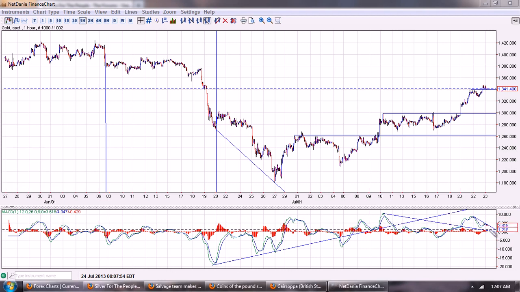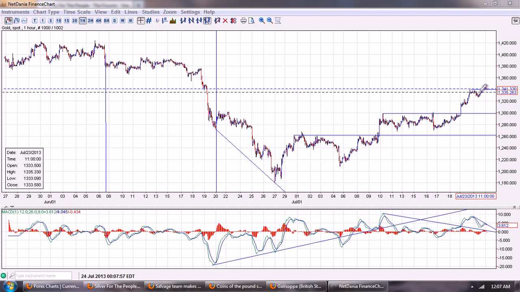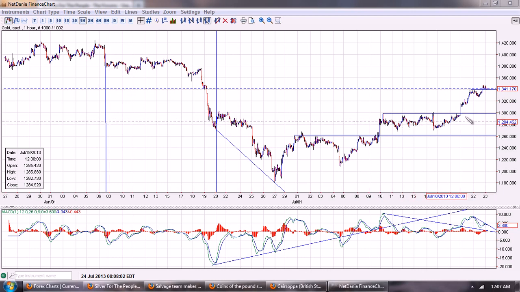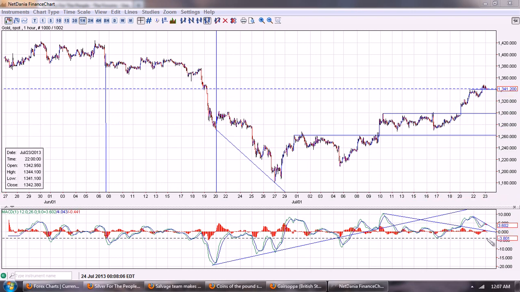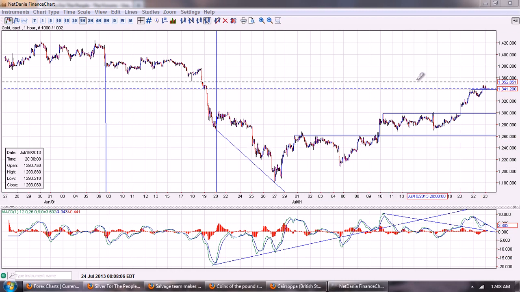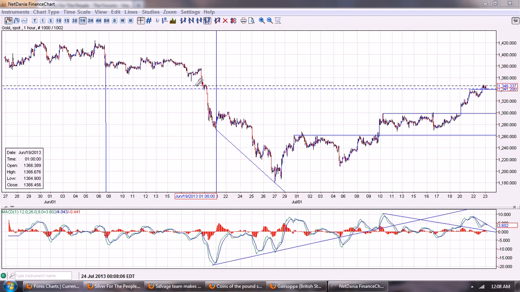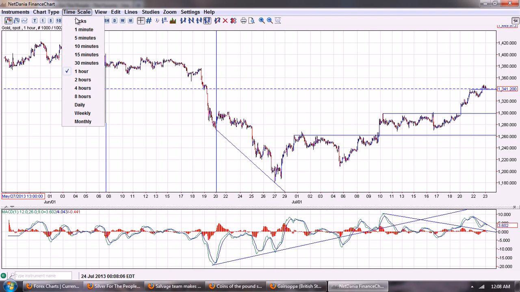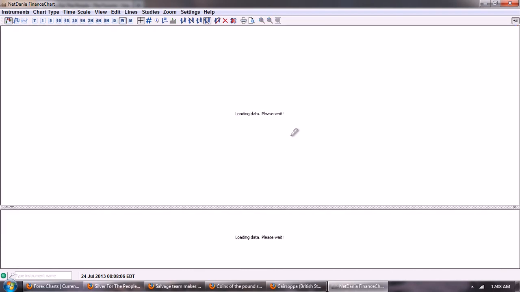You can see we're rounding down into a new breakdown on the MACD, but the price is stabilizing. If the price can stay near this point or do something like we did here, a sideways movement as this goes down and we break out again, then that's another indication that we've made a turn towards the bull market.